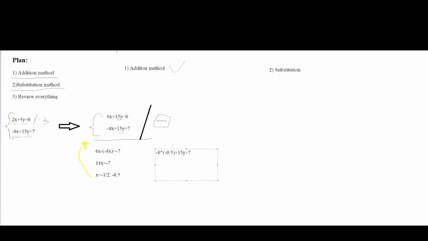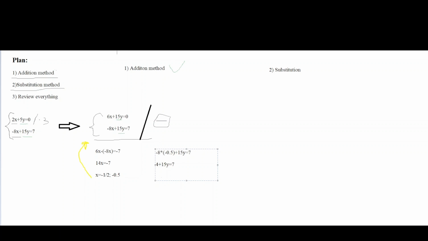Minus 8 times minus 0.5 becomes 4, because two negatives become positive. Plus 15y equals 7.